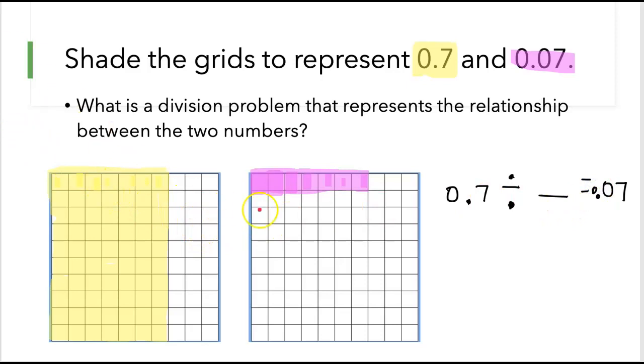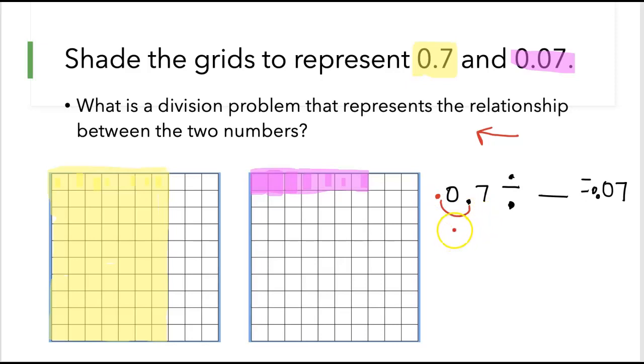Well, this is kind of easy to predict, because when we divide decimals, we move that decimal to the left. If I were to divide and move this decimal one place to the left, what would I be dividing by?